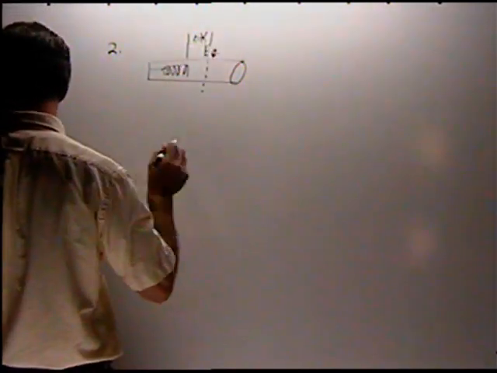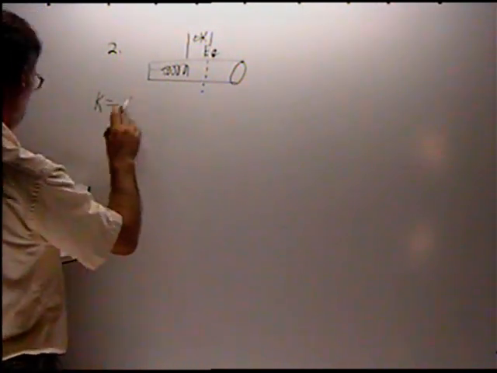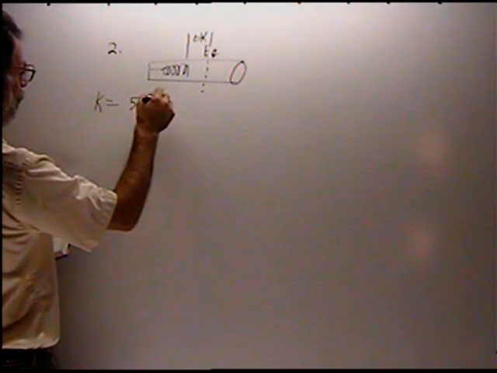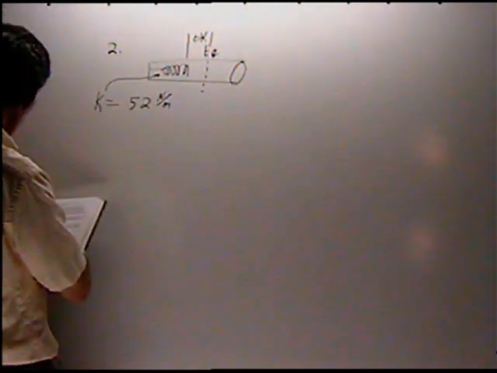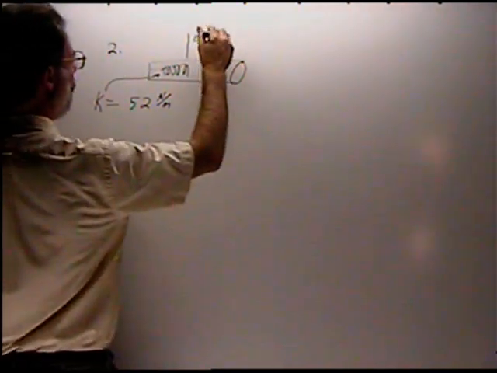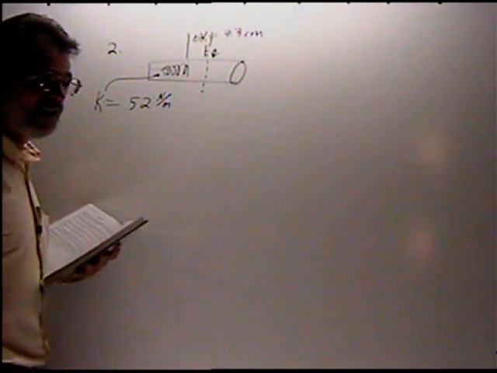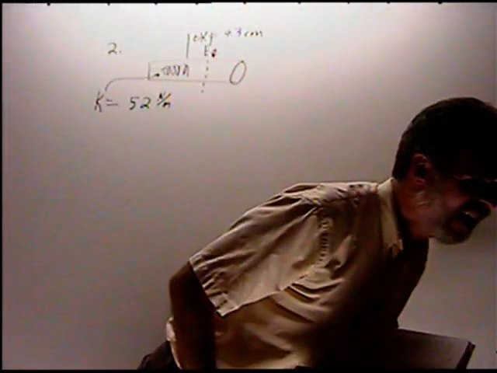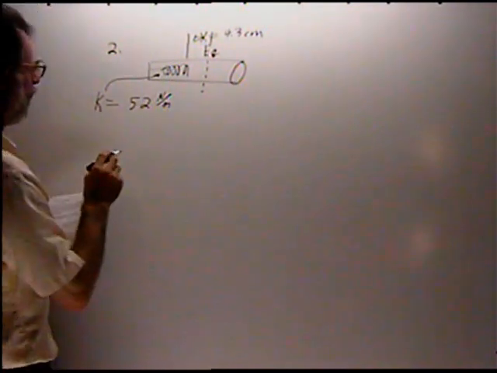It gives you the spring constant, 52 newtons per meter, and it's compressed 4.3 centimeters. Can you see that? Yeah, you can see the 4.3 centimeters.